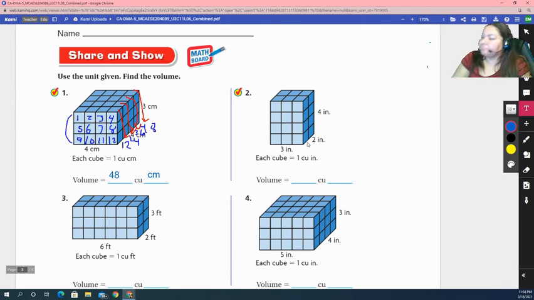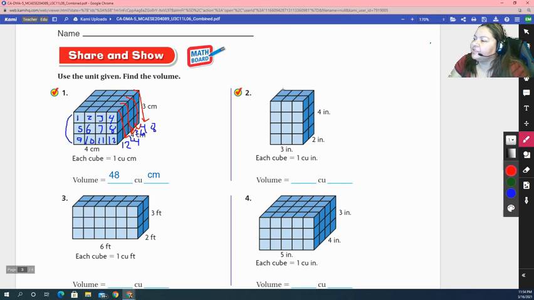So if I count my first face, I have 1, 2, 3, 4, 5, 6, 7, 8, 9, 10, 11, 12. I have 12 cubes in the front.